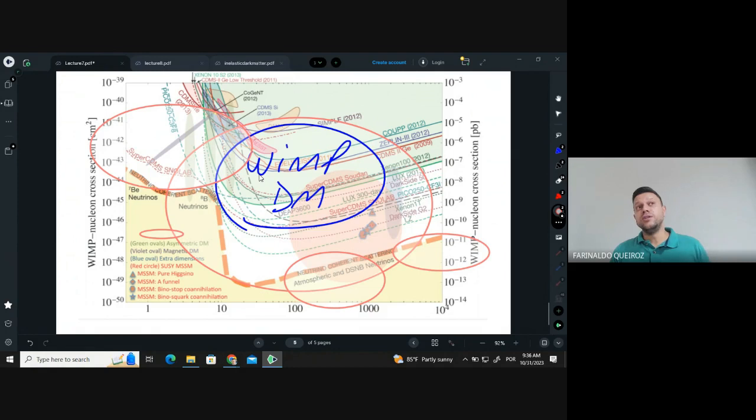To have an idea how seriously the American and European community takes the dark matter search: the MSSM, the minimal supersymmetric standard model, does have a dark matter candidate called the neutralino. The moment the direct detection experiments reached a cross-section which excluded the neutralino as dark matter, they gave up on the MSSM.